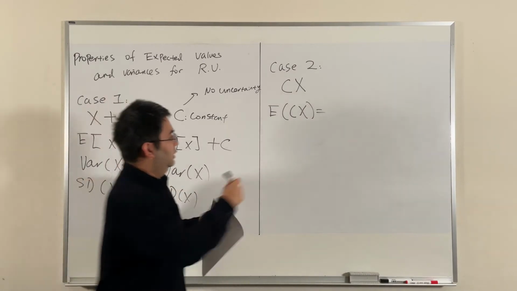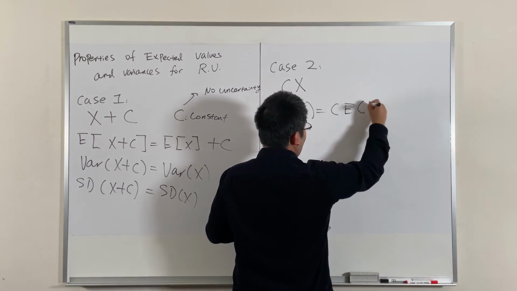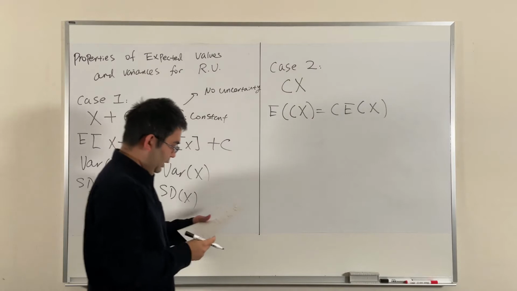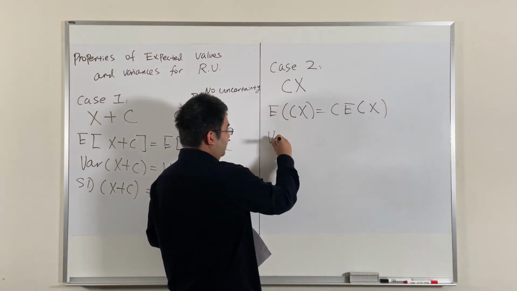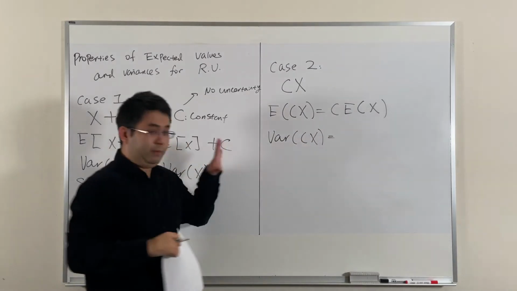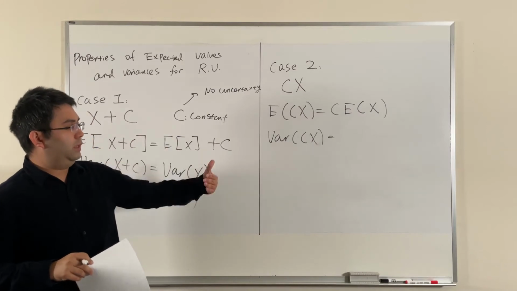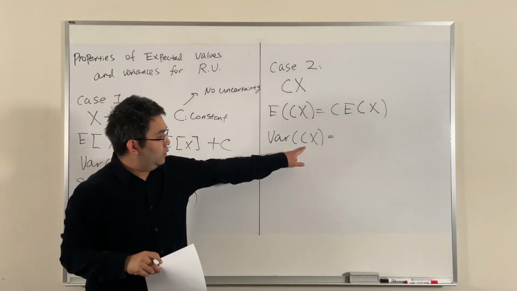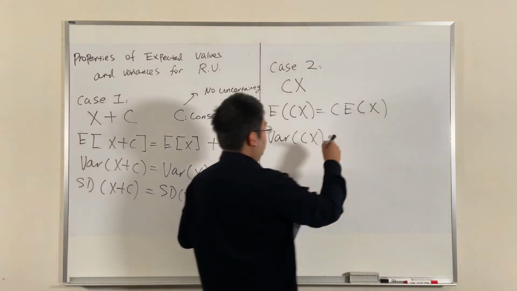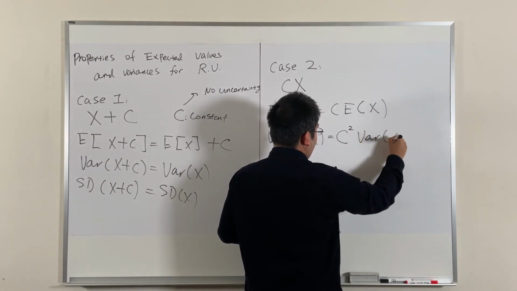And for the variance of cx, we have to pay attention: when you pull out the c, you need to square it. So this equals c squared times the variance of x.